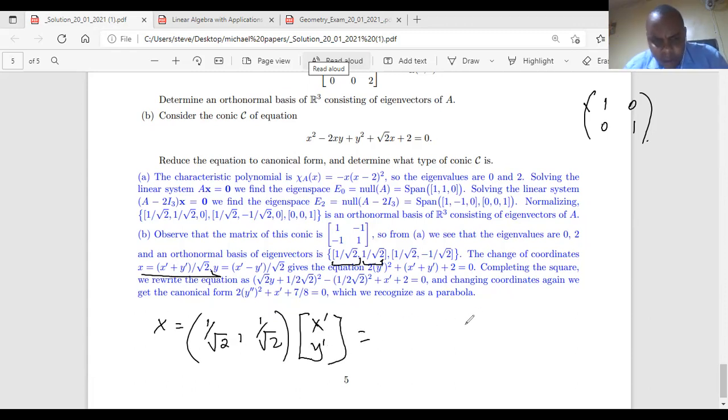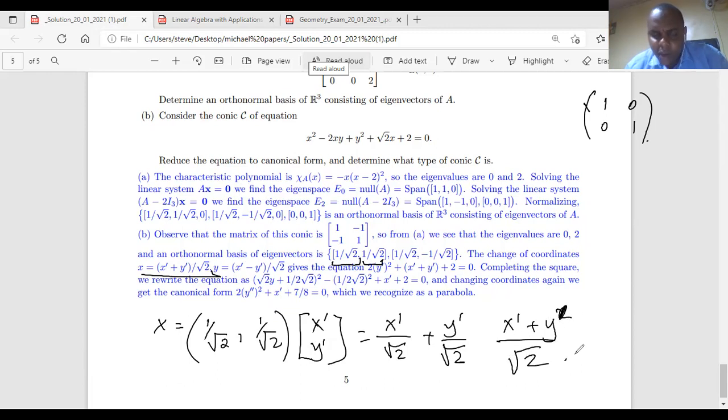Because if you do that, you're going to get x prime over square root of 2 plus y prime over square root of 2, and this is what he gets: x prime plus y prime over square root of 2. So I can see how he got the coordinates, but still the mathematics behind that, the rules that he used, the reasons why he decided this way, it's something that we should look into.